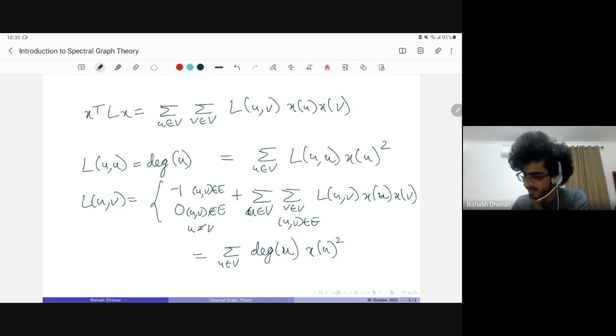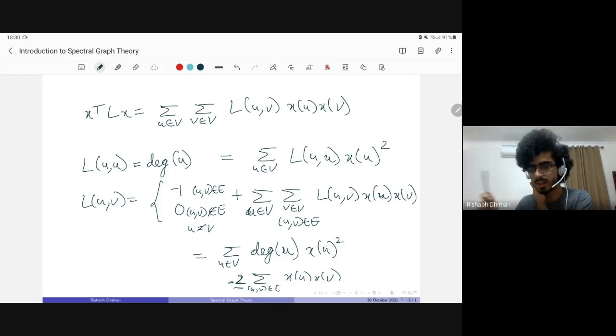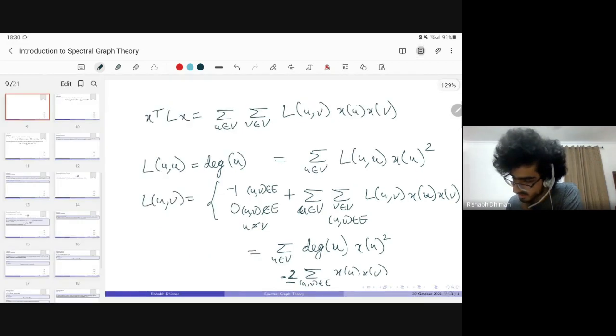And what you'll notice is that this bit is nothing but 2 times the summation of v in edge xu xv. And the 2 comes from the fact that it's a symmetric matrix, so the values across the diagonals are the same. So you end up adding the sum twice.